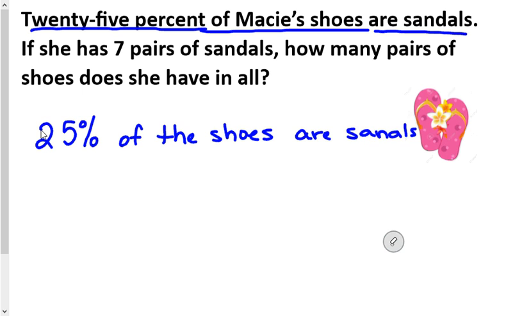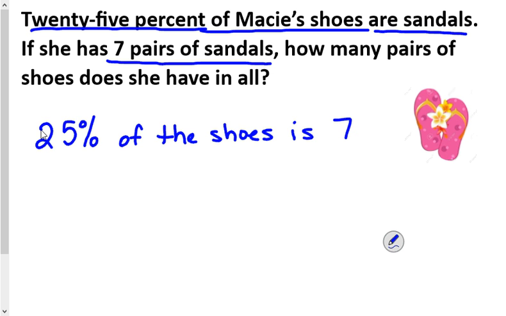All right, what we also know is she has 7 pairs of sandals. So we can now go back and say 25% of the shoes equals or is 7, because there are 7 pairs of sandals. So how many pairs of shoes does she have in all?